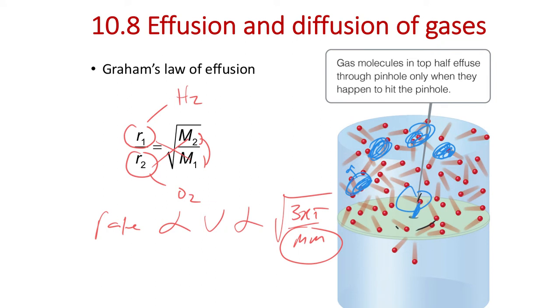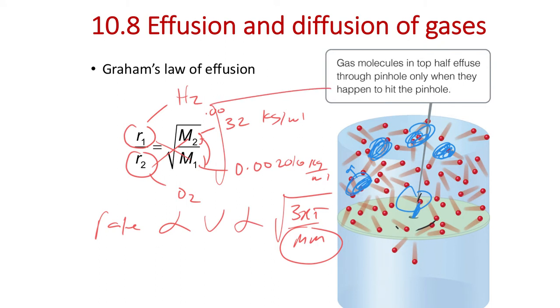The molar mass of oxygen, this would be the molar mass of particle 2, so 32 grams per mole, or 0.032 kilograms per mole. And the molar mass of particle 1, hydrogen, is 0.002016 kilograms per mole.